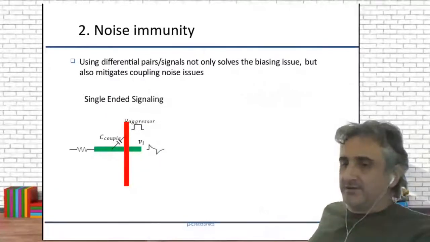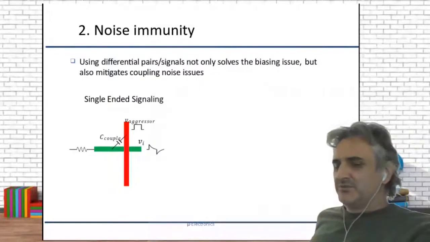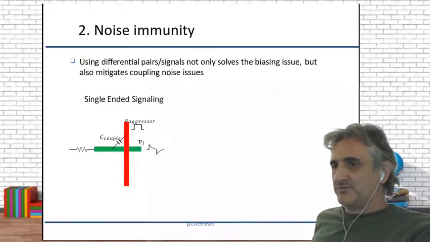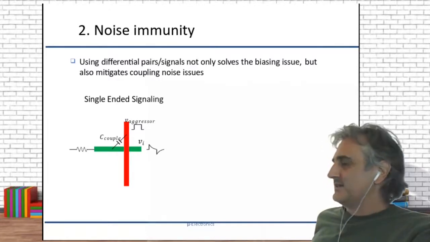Then using this kind of signals is good because we not only solve the bias issue, but we are also mitigating some problems that come when you are using single-ended signals.